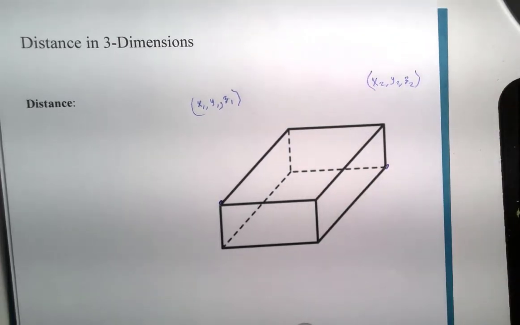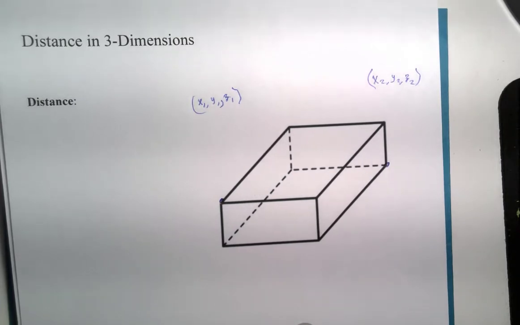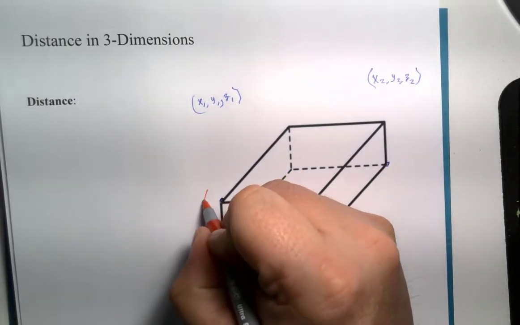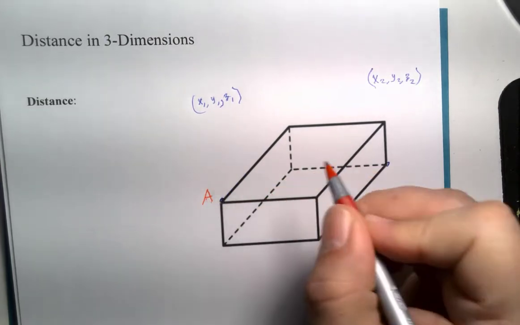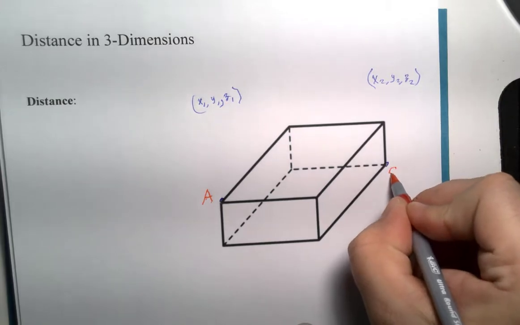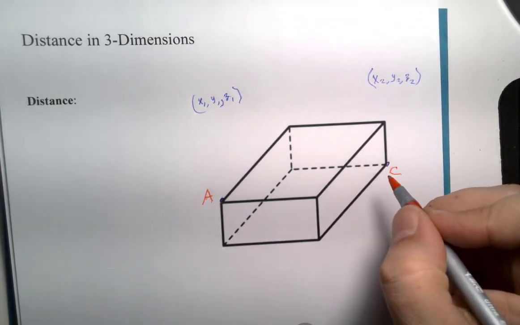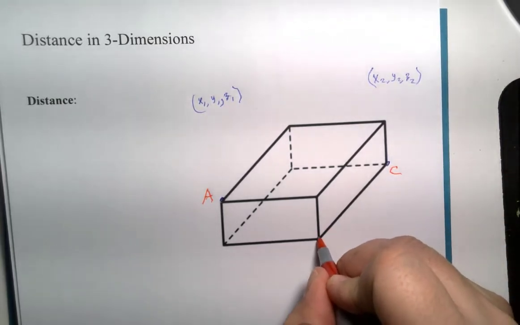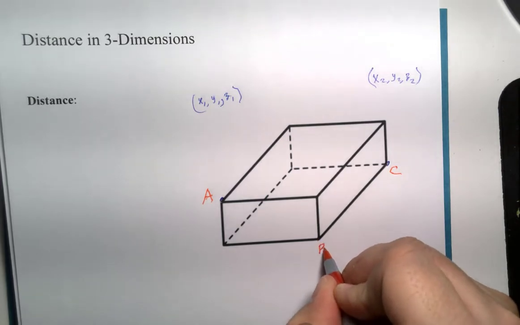And we want to find the distance between those. We need some other useful tools. First, I'm going to call this point A, and I'm going to call this point C. And I'm also going to label this corner here B.